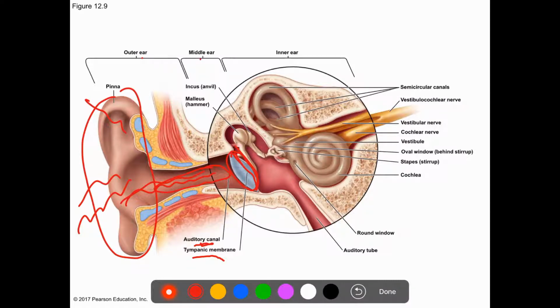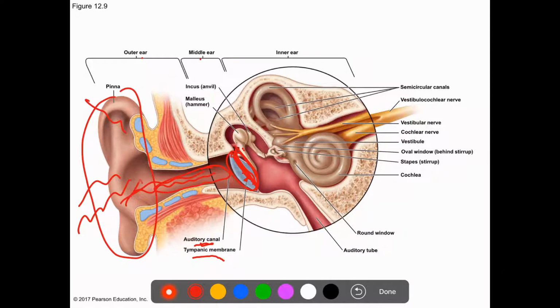So it is kind of in between. It does not technically belong to the outer ear, and it does not belong to the inner ear. It's just a separation between the outer ear and the middle ear. Now, its importance is that it vibrates in response to the sound waves. And from there, these vibrations would be transmitted into the middle ear.